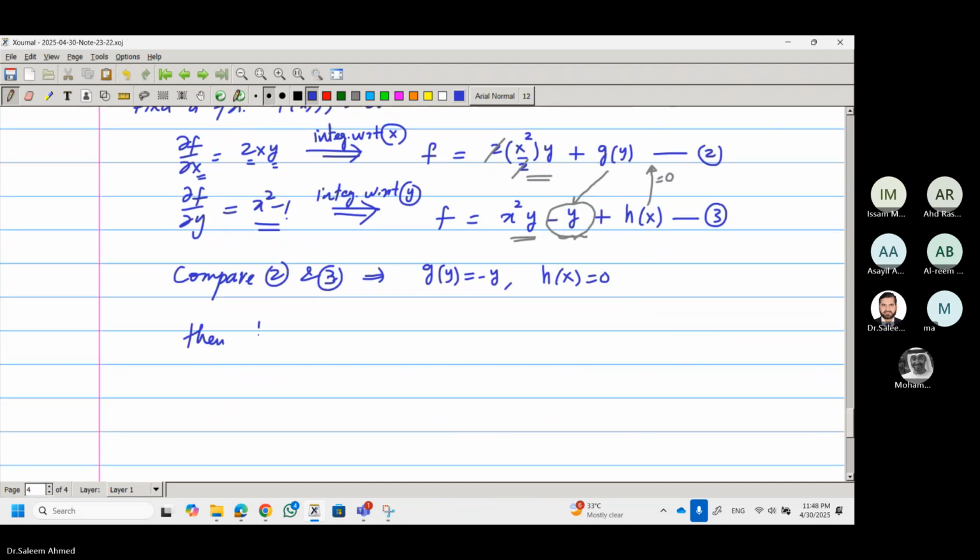Then both 2 and 3 give me f(x,y) equal to, you see, if I put g(y) equal to minus y, it will become x square y minus y. Or if I put h(x) equal to 0, I will get x square y minus y. So both equations give me the same function.